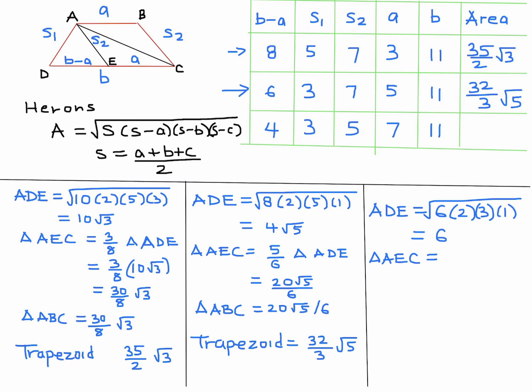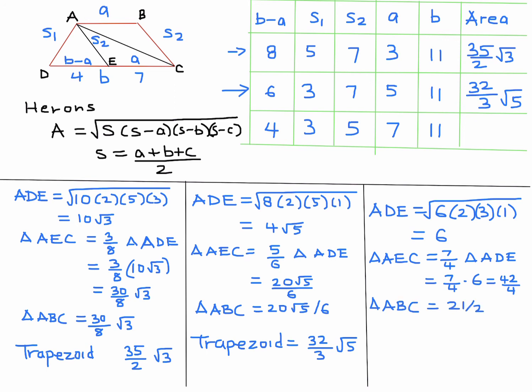A in this scenario is 7, and then this is 4 now. So AEC at this point is 7/4 of triangle ADE. So that means it's 7/4 times 6, which is just 42/4. And ABC, that triangle, is the exact same, 42/4, or 21/2.